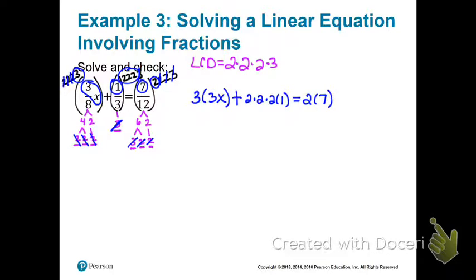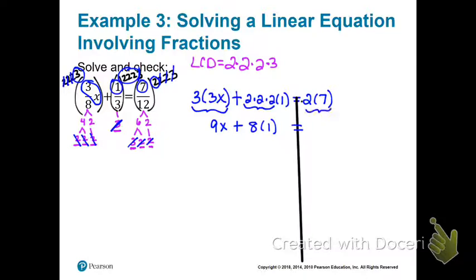Now let's just simplify the left side of this. So we got 3 times 3x is 9x plus 2 times 2 times 2. Well, 2 times 2 is 4 times 2 is 8 times 1 equals, on the other side here, we just have 14. Now, I know some of y'all are like, well, I could do 8 times 1 at the same time, and you're welcome to. That's no big deal. So I can't do anything with a 9x, so I'm going to bring it down.